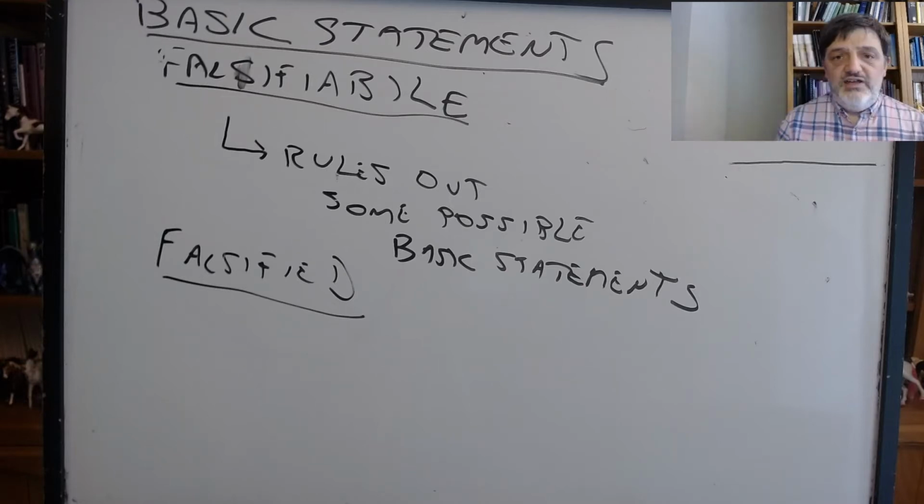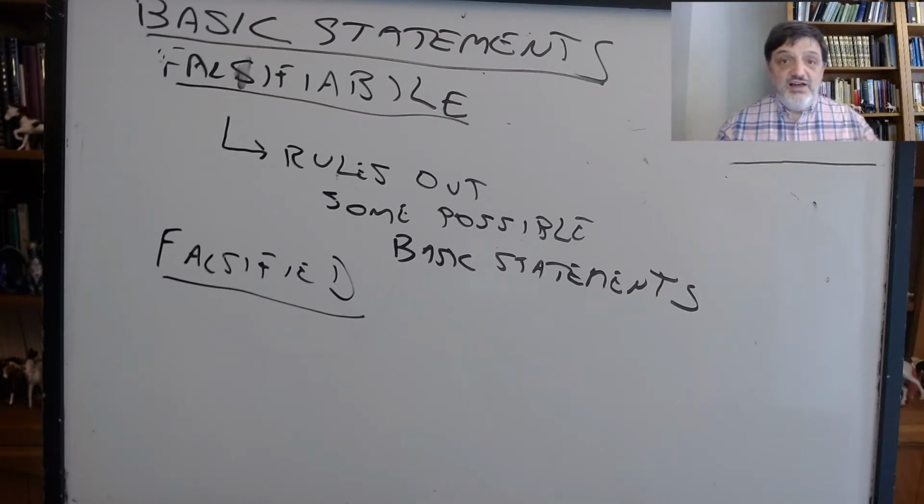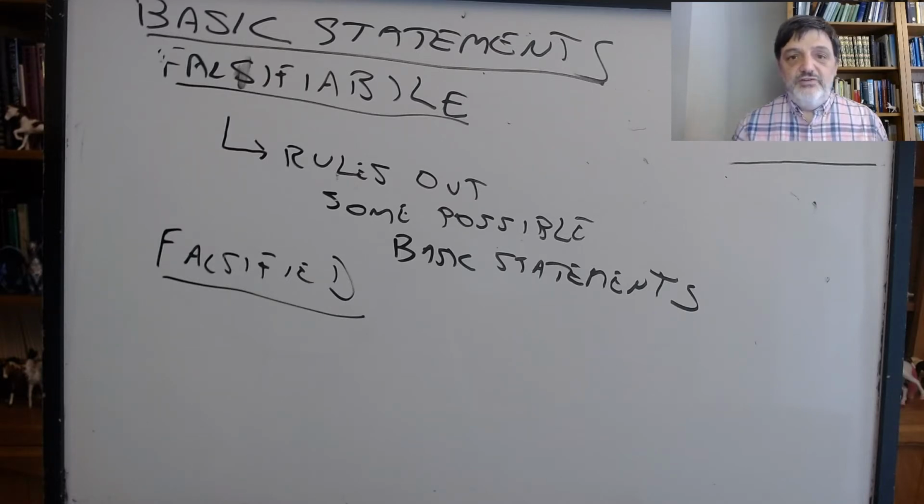Obviously, we can't compare the theory to all possible basic statements if we're going to decide if the theory was falsified, because if it's falsifiable, then it is inconsistent with some of the possible basic statements. We want to know whether it's inconsistent with any of the basic statements we've actually accepted. If it is, roughly speaking, that's when we're going to reject the theory, consider it falsified, and hopefully adopt a better theory in its place.